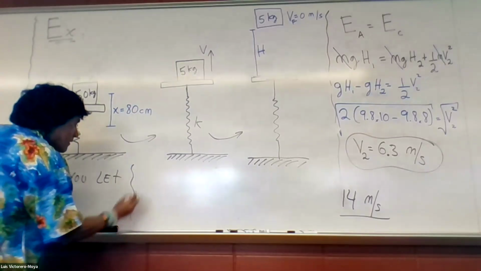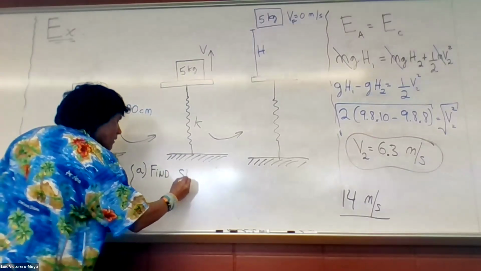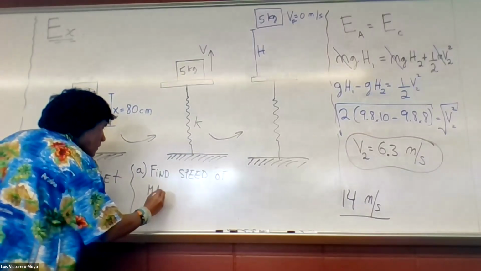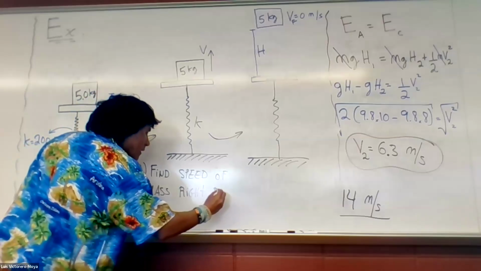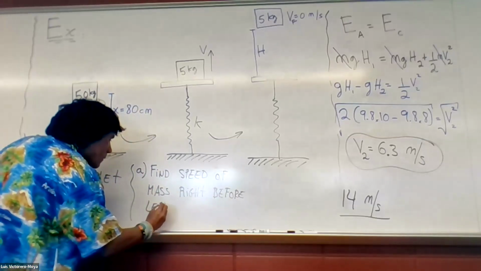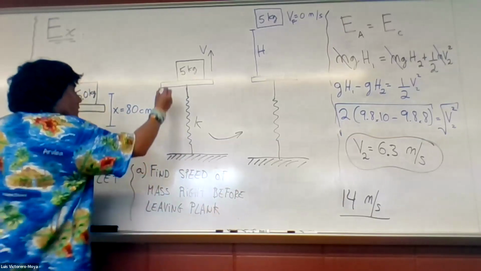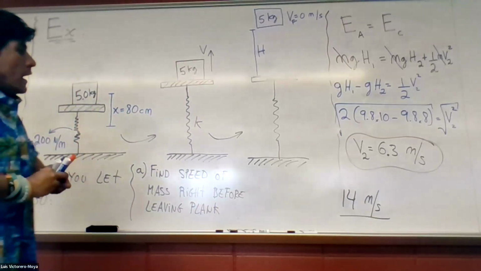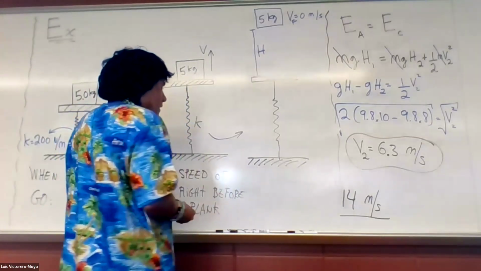Part A, find the speed of the mass right before leaving the plank. Okay? And then for part B, you're gonna find the height it reaches.